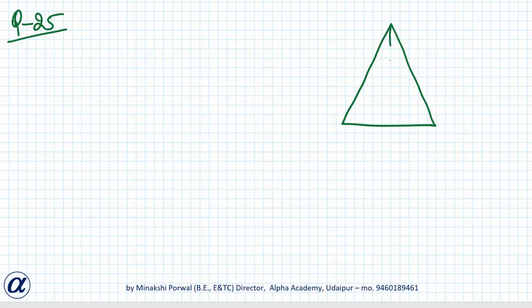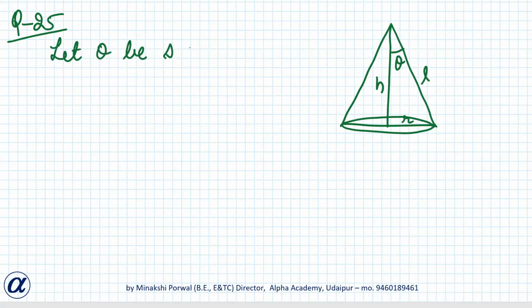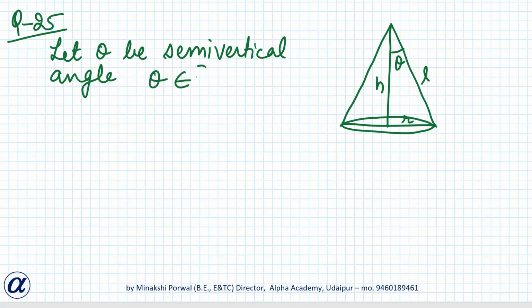Now, suppose this is the cone. If this is h, this is r, this is l, and suppose theta is the semi-vertical angle. Let theta be the semi-vertical angle. It is always less than pi by 2, so theta will lie between 0 and pi by 2.